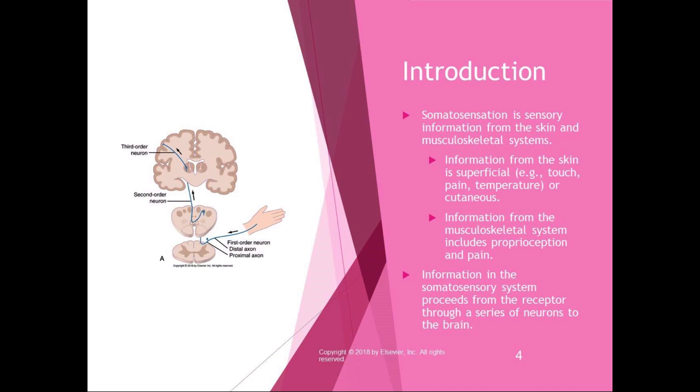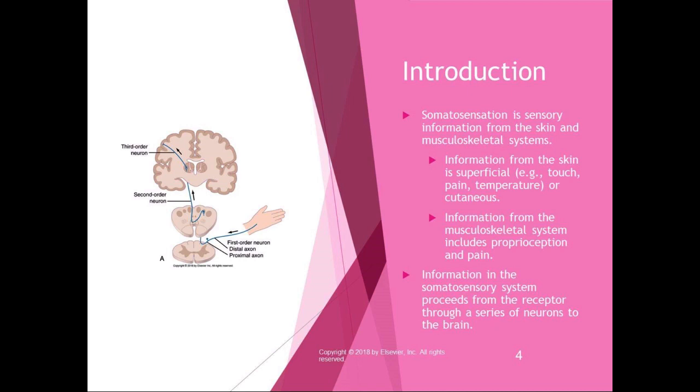So somatosensation is really sensory information from the skin and musculoskeletal systems. Information from the skin can either be superficial or cutaneous. So superficial is like touch, pain, temperature.